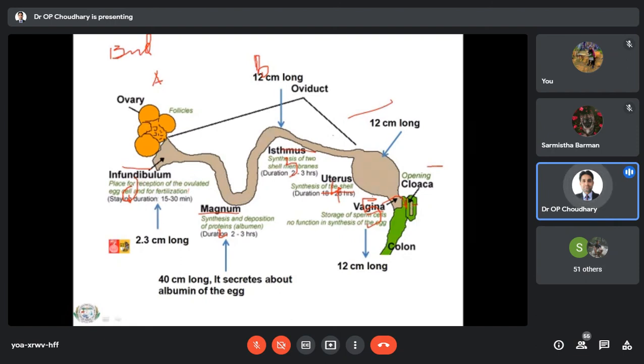It is a lymphoid organ actually. T lymphocyte and B lymphocyte, that is for immunity and all. So maybe this part will be covered by him in detail, I think. Or I will tell you, no problem. I will tell you in the next class. I will give you a brief outline about the structures. Okay. Anything else?